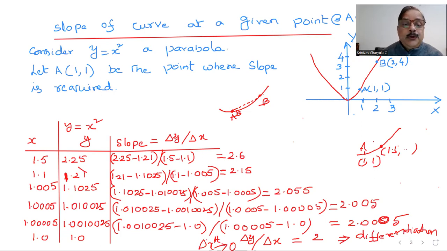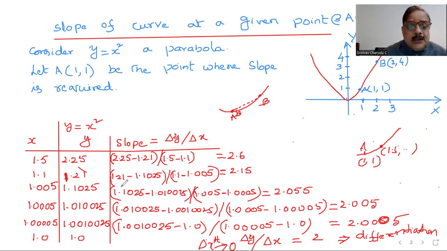So friends, hope you followed this. Whenever you are finding the slope of a curve, you are supposed to differentiate the curve at point A by putting a limit delta x tending to 0, approaching point A from a nearby point which is infinitesimally away from it.